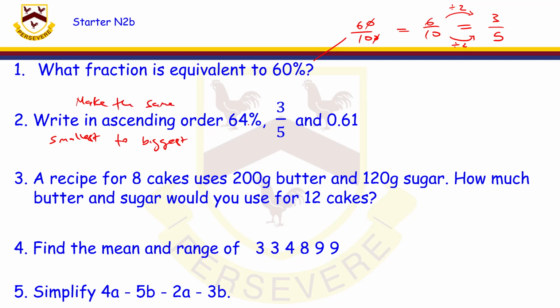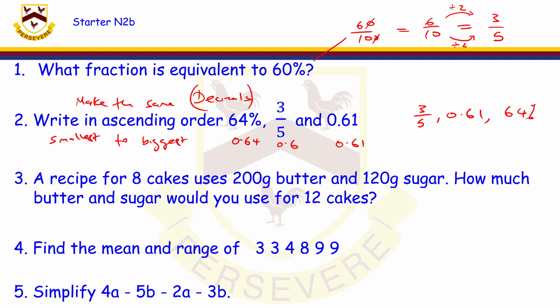Otherwise, we can't compare. 64% as a decimal is 0.64. 3/5 is 0.6, and we've got 0.61. So the smallest is 3/5, and then we have 0.61, and 64% is the largest there.